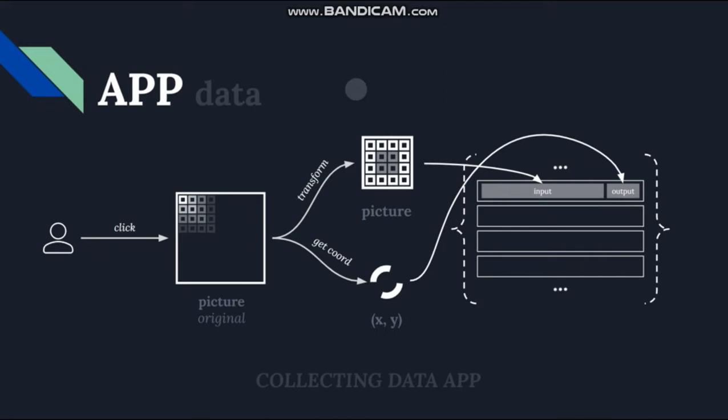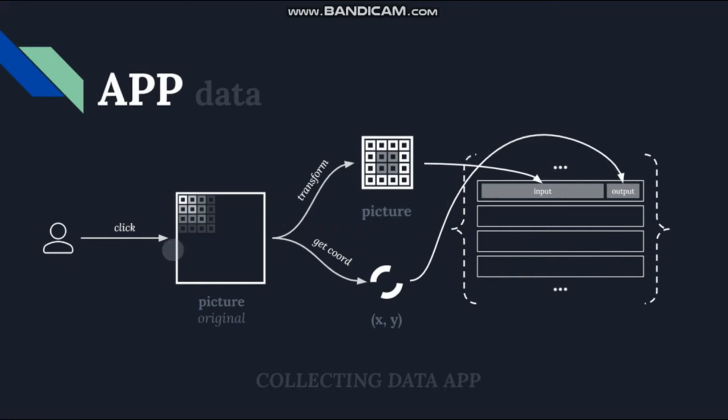So let's consider the working process of the data collection application. The user comes to a web page and sees a picture, then clicks on it, and it means that the user selected the area the user saw first. Then we need to save input and output data.